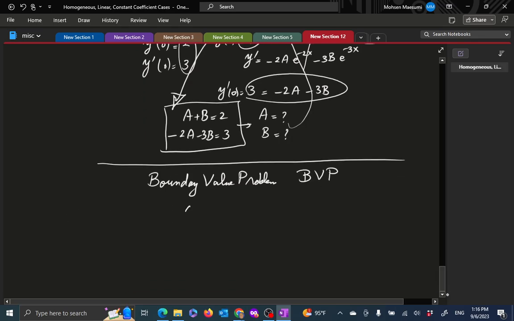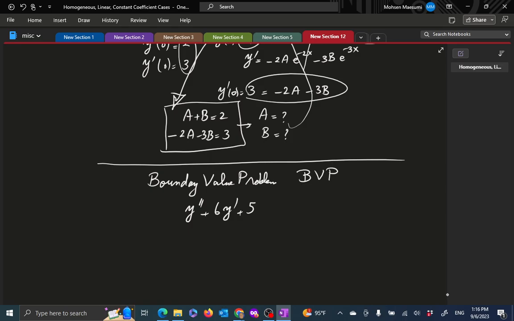So if I had y double prime plus 6y prime plus 5y equal to 0, and then I was saying y of 0 is 3 and y of 2 is 5.